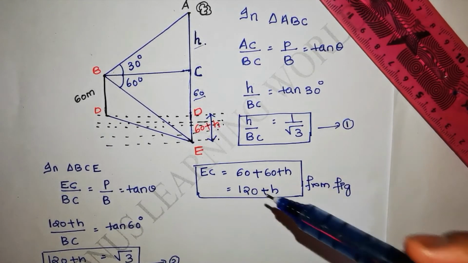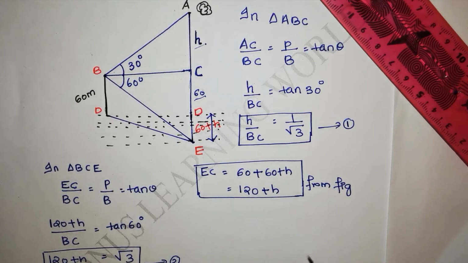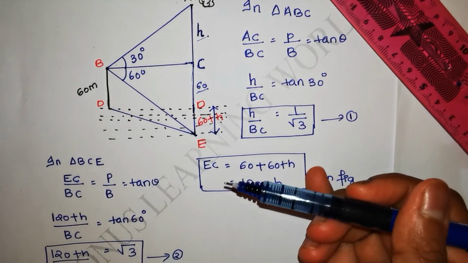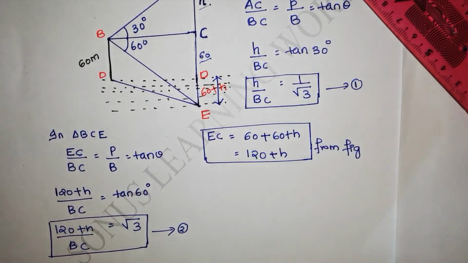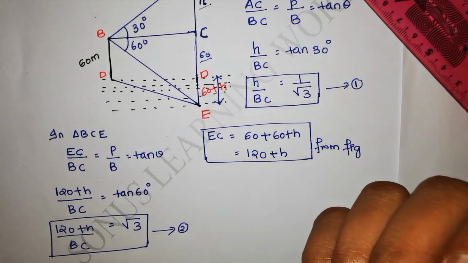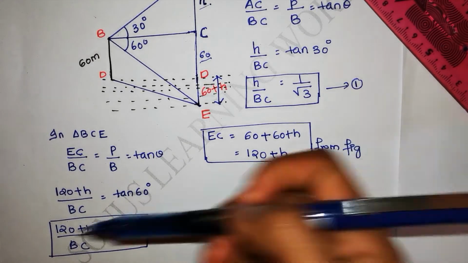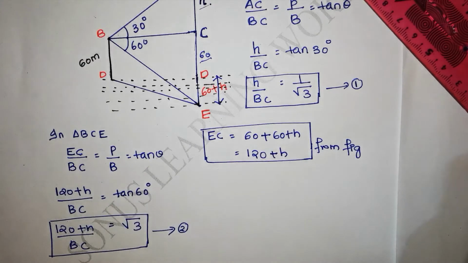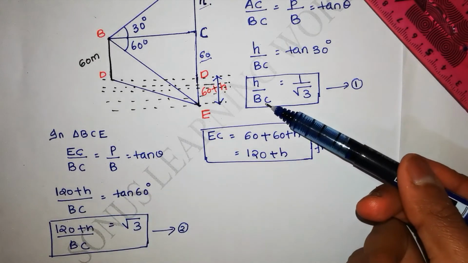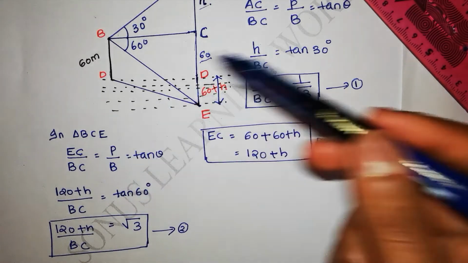So my intention is to find the value of H, and I have two equations. To find the value of H, I am going to divide these two equations. So I can cut this BC and this BC.